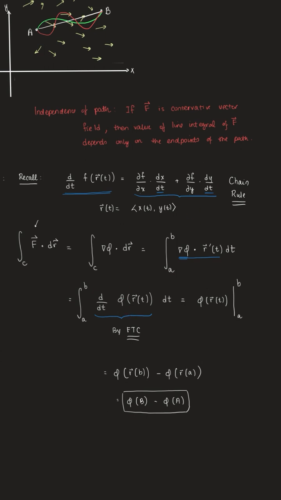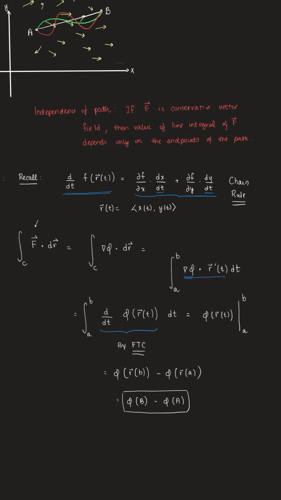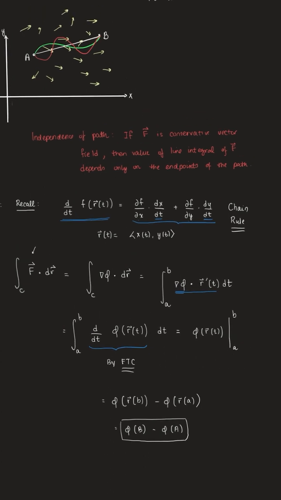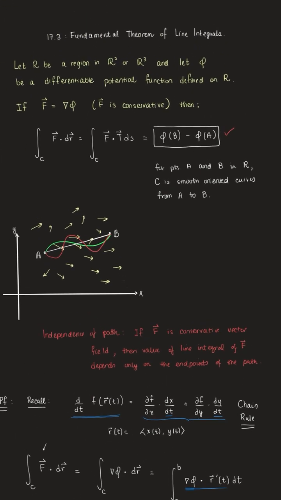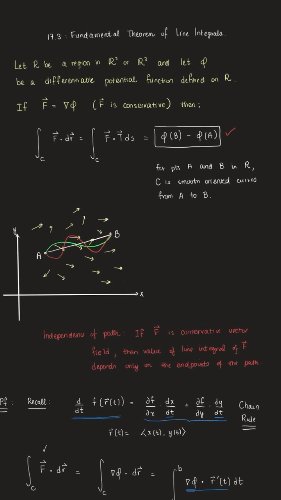So once again, this theorem tells us that we have independence of path if we have a conservative vector field. In other words, the value of the line integral over a conservative vector field only depends on the endpoints of my path. It doesn't depend on the path that we take.